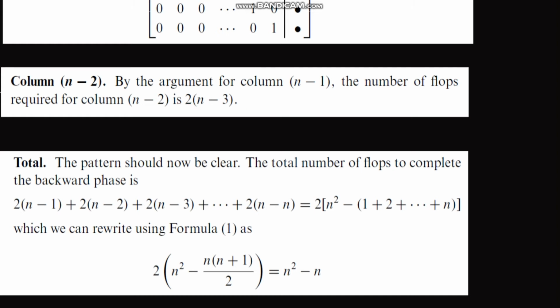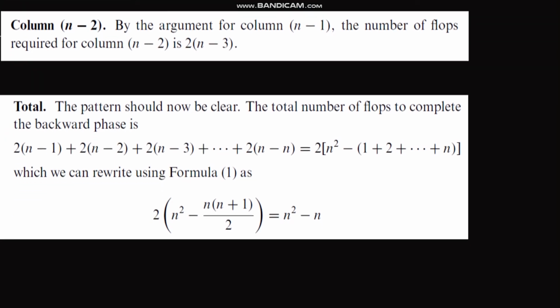You have to reduce 1 only. So the total is 2 times n minus 1, 2 times n minus 2, all the way up to the end. When you take 2 common, you will have... the time is going to end. So I continue in the next video.